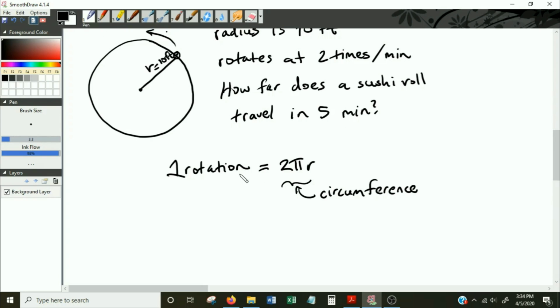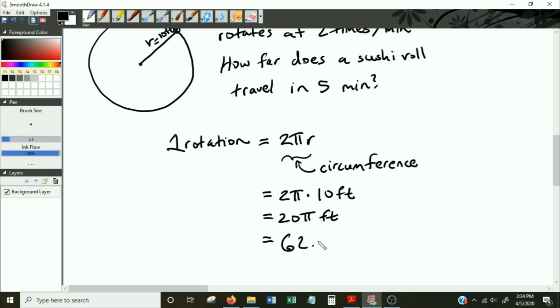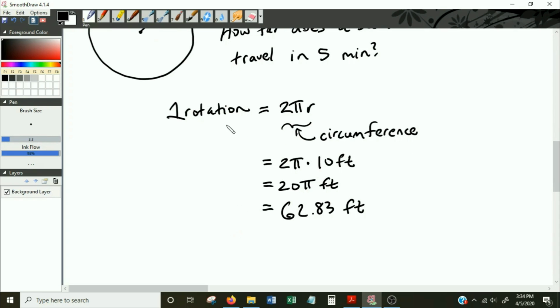So if I want to find out how many feet this is, I'm going to do 2 pi times the radius, which is 10 feet. And I'm going to get 20 pi feet. And when I multiply that out, I get 62.83 feet. So I've got this conversion factor of 1 rotation equals 62.83 feet.